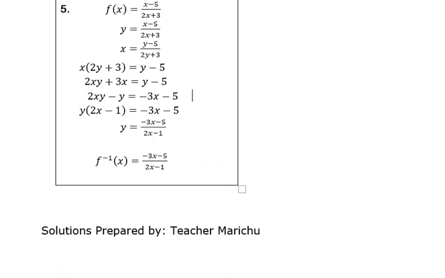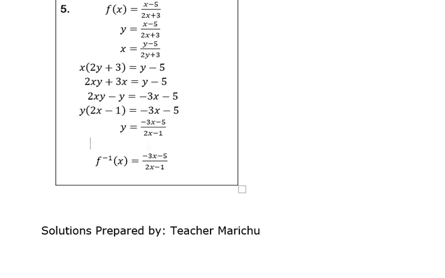Then we have solving y in terms of x. In this case, we have to isolate y. So we have y times the quantity 2x minus 1, factoring out y, equals, we just copy the right-hand side. Then dividing both sides by 2x minus 1, we have y equals negative 3x minus 5 all over 2x minus 1.